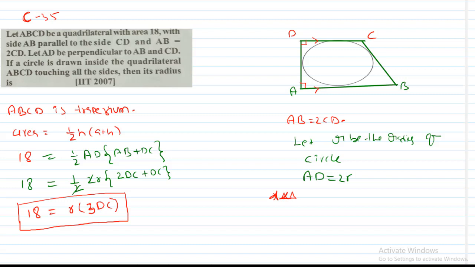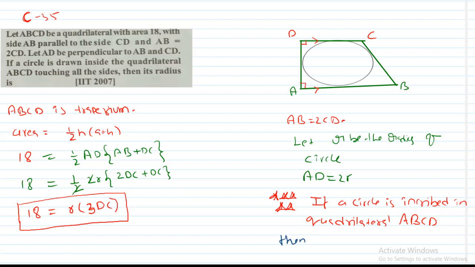Important property: already you know that if a circle is inscribed in a quadrilateral ABCD, then AB + DC = AD + BC.